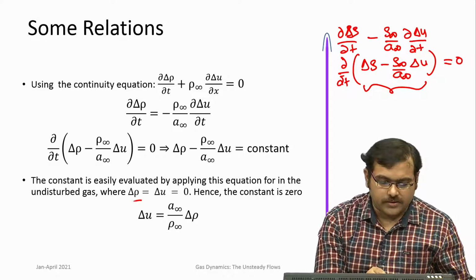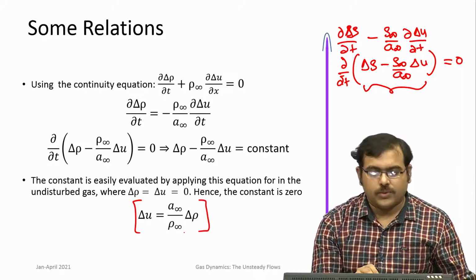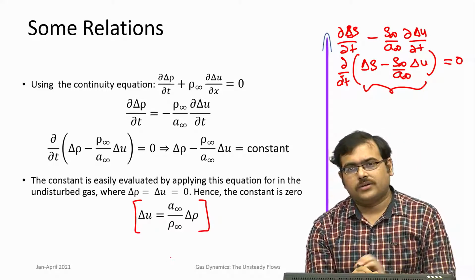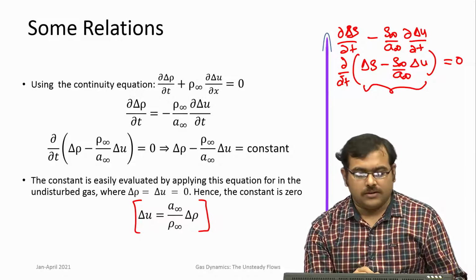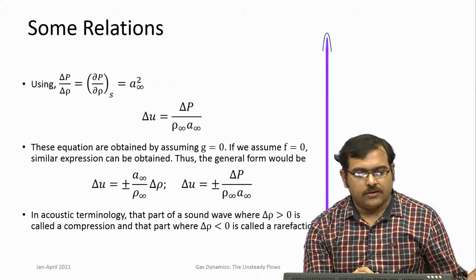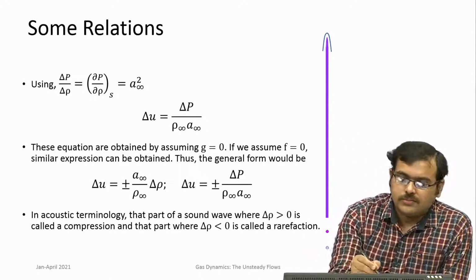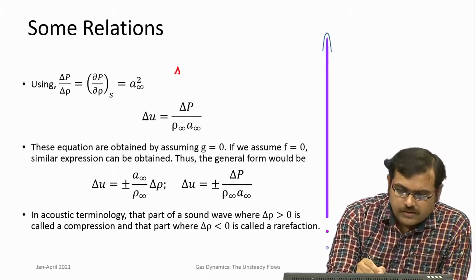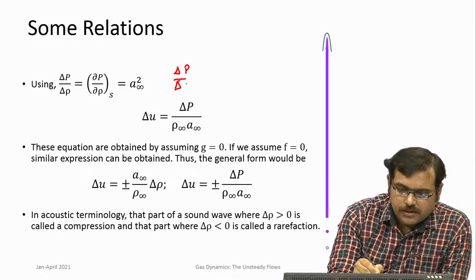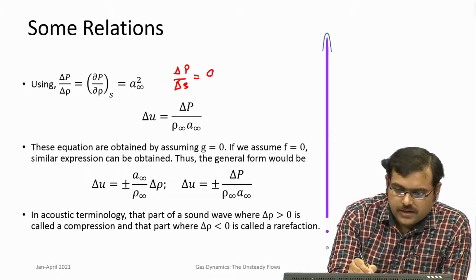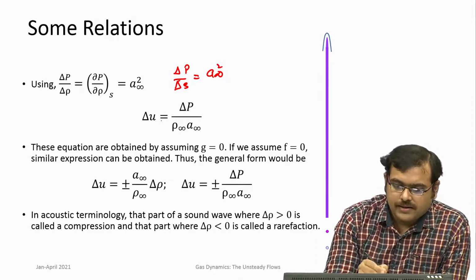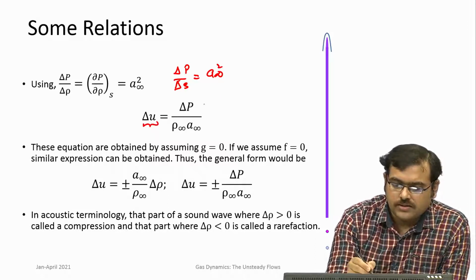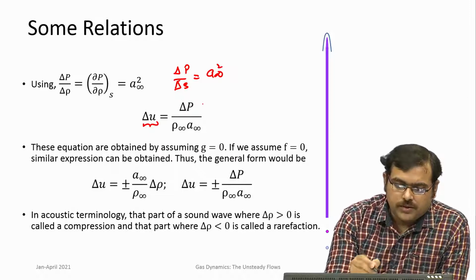So you can evaluate how much change in velocity is produced by a small change in density. Because this is the motion of sound, delta p by delta rho is a infinity square for small pressure perturbations, and you can use that to relate change in velocity to change in pressure.